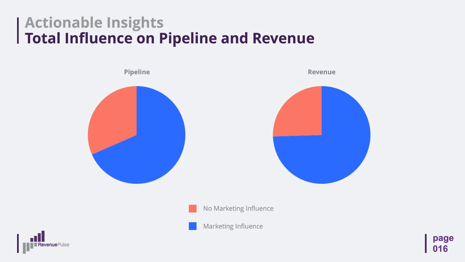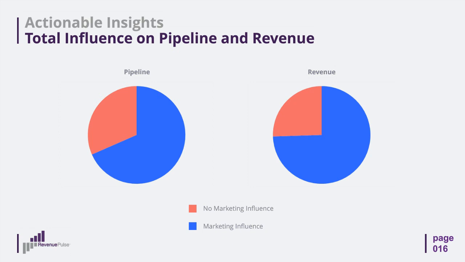When we look at revenue, we again see here the total influence of marketing. Here we're seeing close to three-quarters of our won revenue has some type of marketing influence before the opportunity closes as a win. And again, this is pretty common that we see.